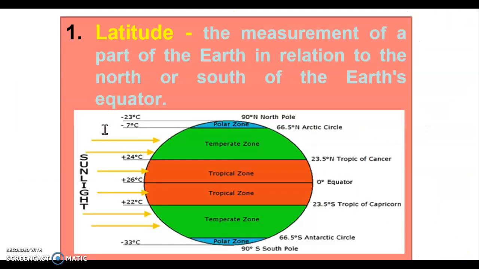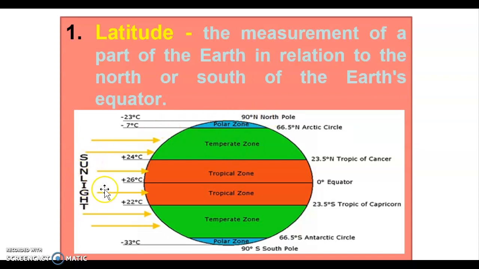Let's proceed. There are different factors affecting climate, and one of those is latitude. Latitude is the measurement of the part of the Earth in relation to north or south of the Earth's equator. Before anything else, remember that the Earth is actually tilted 23.5 degrees.